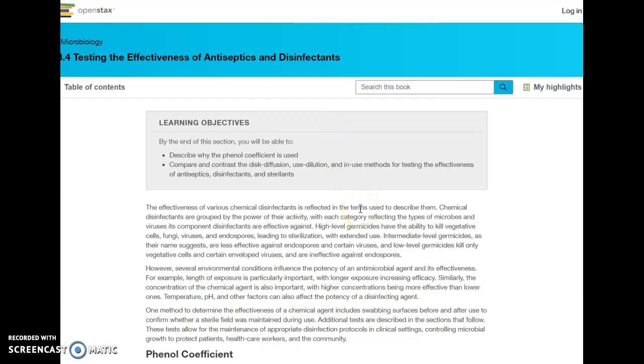The important thing to remember when we look at any antiseptics or disinfectants is that we have the instructions for use that are on the chemical. And these instructions for use have been studied and tested and studied and tested. And when you're using a particular product, if it says spray on and leave for 5 minutes, then that is the time of exposure that it takes to kill these particular microorganisms.